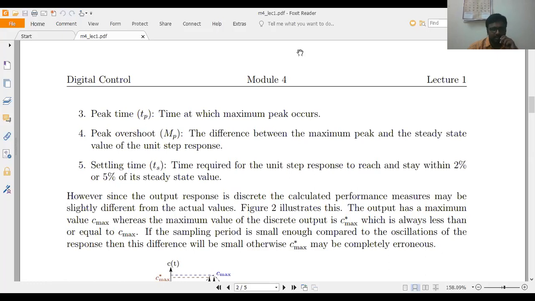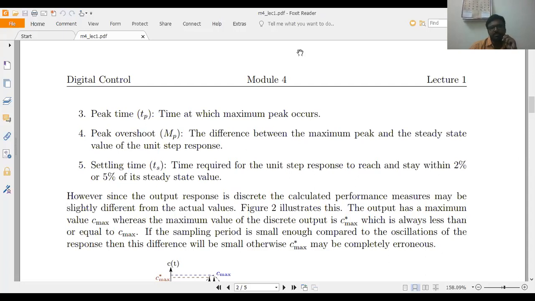Therefore, the peak overshoot is defined as the difference between the maximum peak and the steady state value of the unit step response.